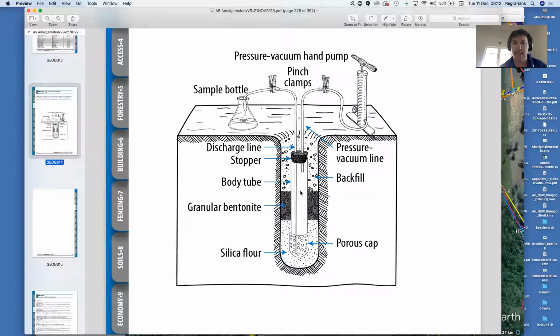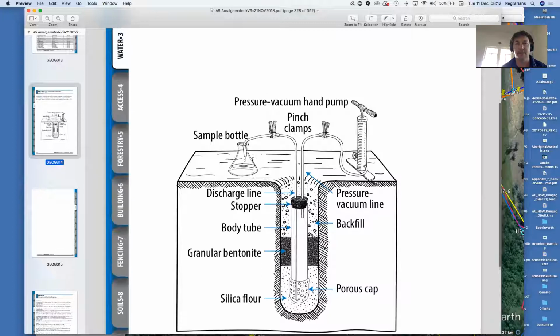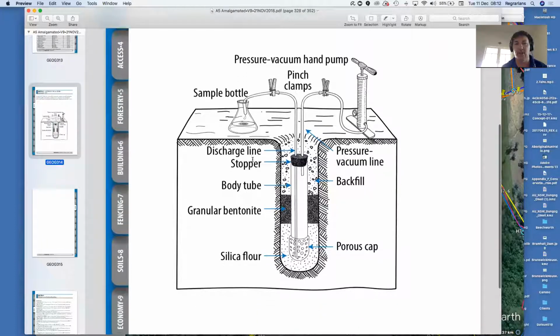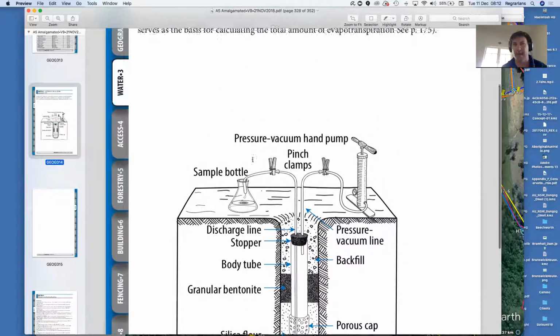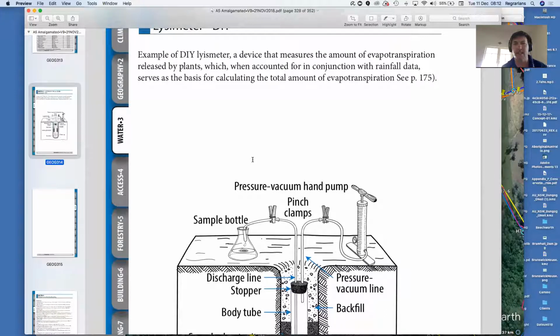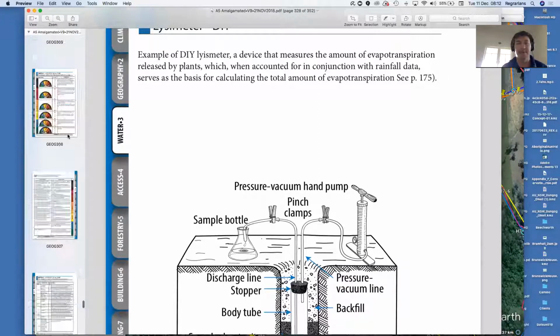But this is an example of a system where you can create a very low-cost PVC off-the-shelf sort of system, and that lysimeter will then be something that you can use to measure. We've actually got a passive one; this is a bit more of an active one. And that will help you to determine the crop factor more accurately.